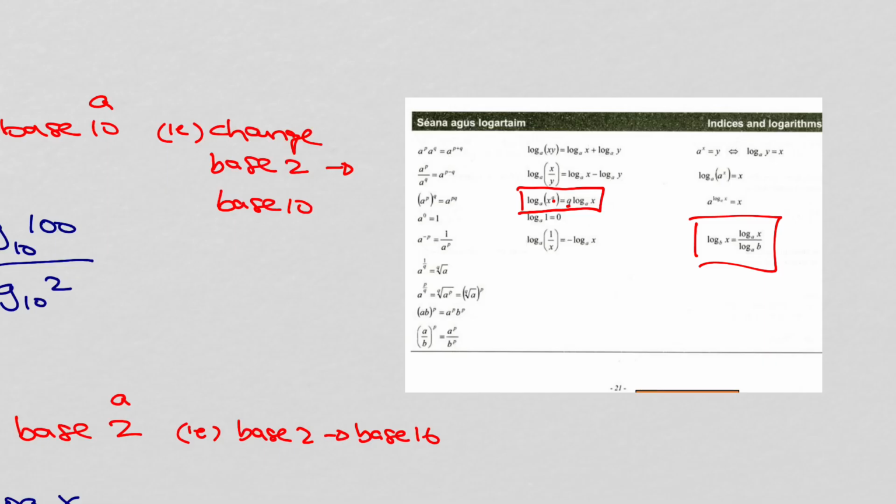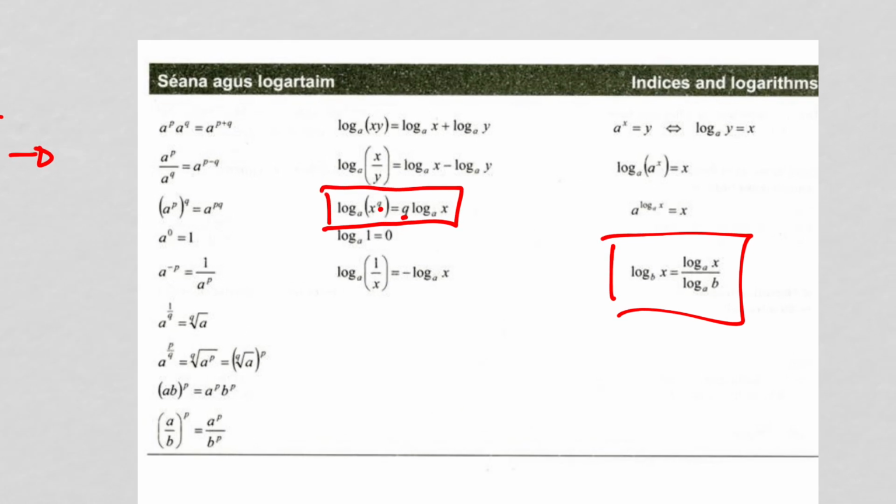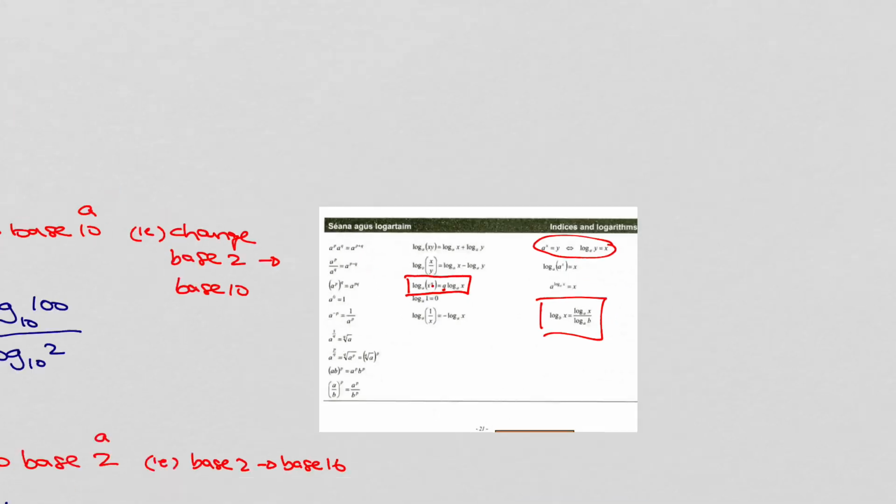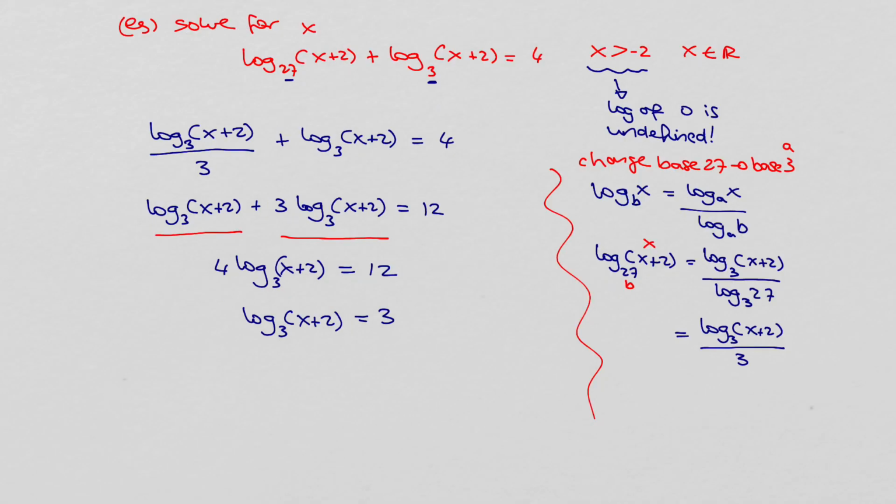So if I look at my log rules, I'm going to change to index form here. So this rule here on the top of page 21. So therefore we have a, we have y, and we have x. So therefore we have a to the x is equal to y from our log y to the base a equals x rule.